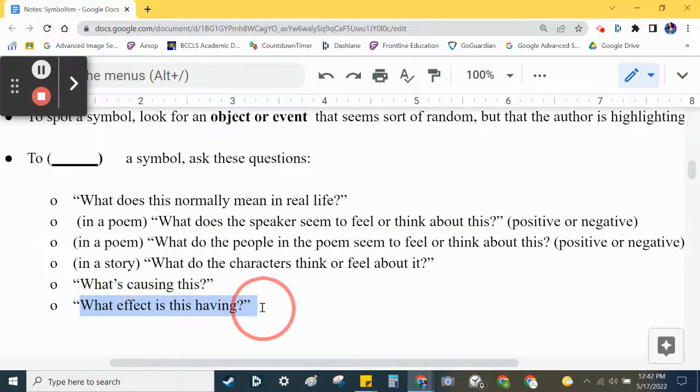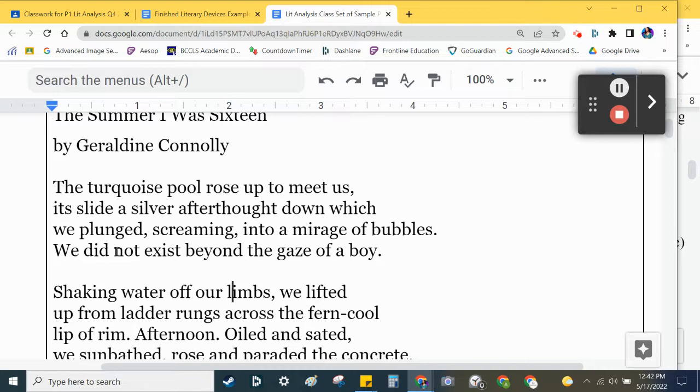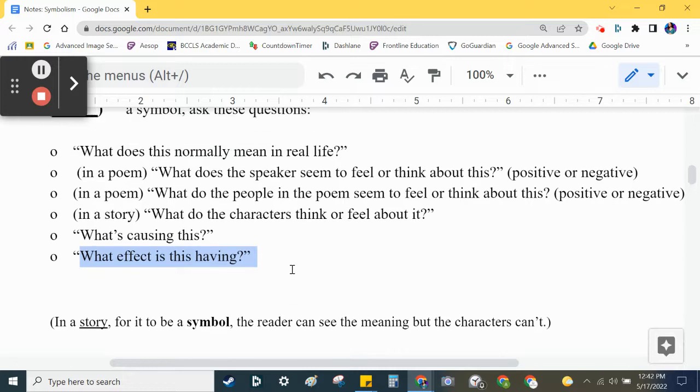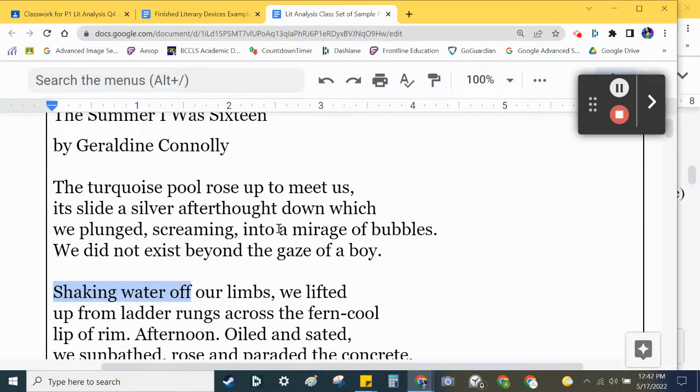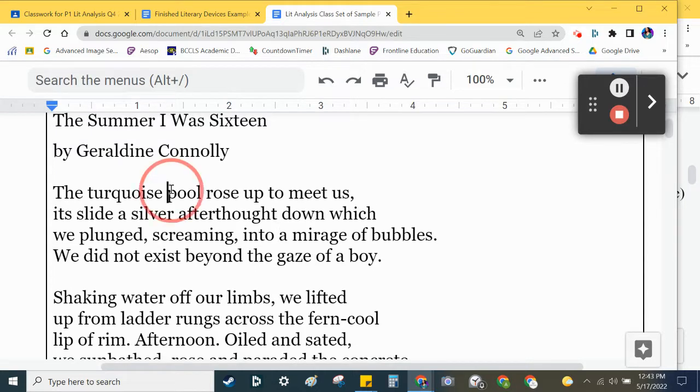What effect is it having? Well, it makes them scream, right? And then they get up, they get out of the pool. So thinking about it, it's exciting, it's fun in real life. Thinking about overall what's going on in the poem too, it's about, you used to be a kid and now you're becoming a grown up.